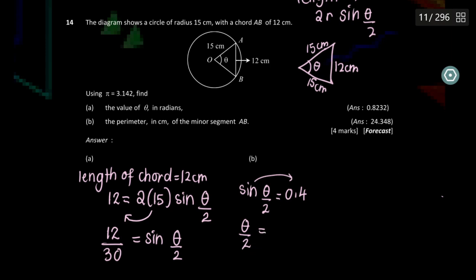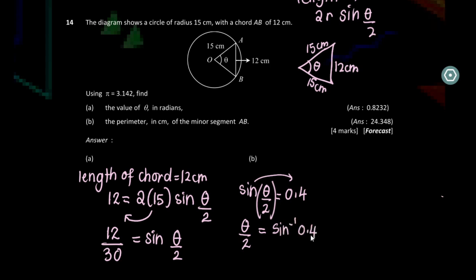Don't bring the 2 just like that and then cross multiply here. Cannot, that's not how it works. Bring the sine first, because the whole thing is together as an angle, so you cannot bring it opposite just like that. So you bring the sine, so it becomes inverse sine of 0.4.